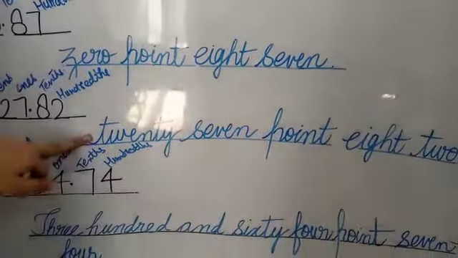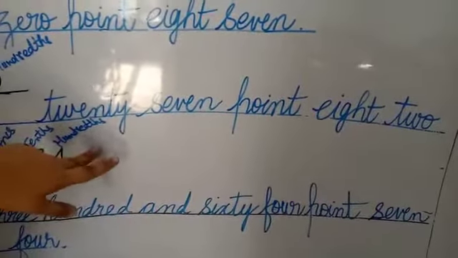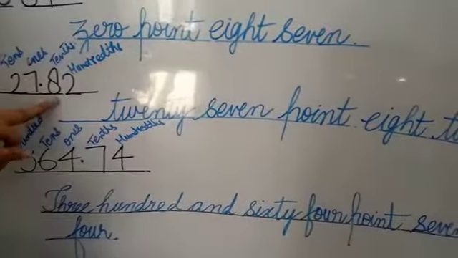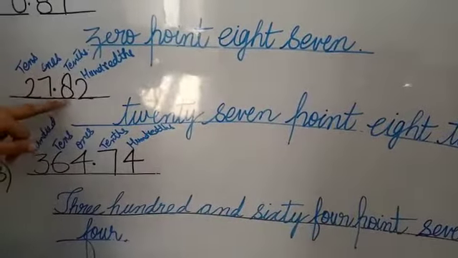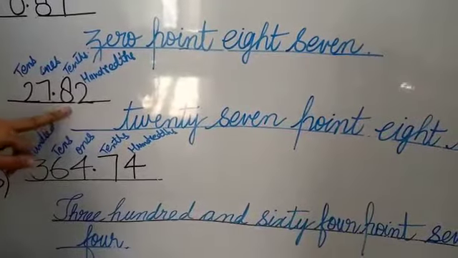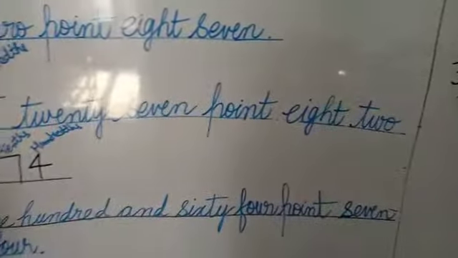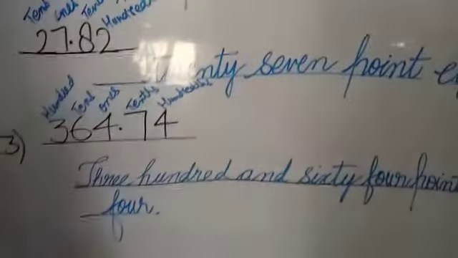So how to write this number in words? 27 you combine, and then you write the point and you write each number separately, 8 and then 2. Understand? And now the next one is part 3.